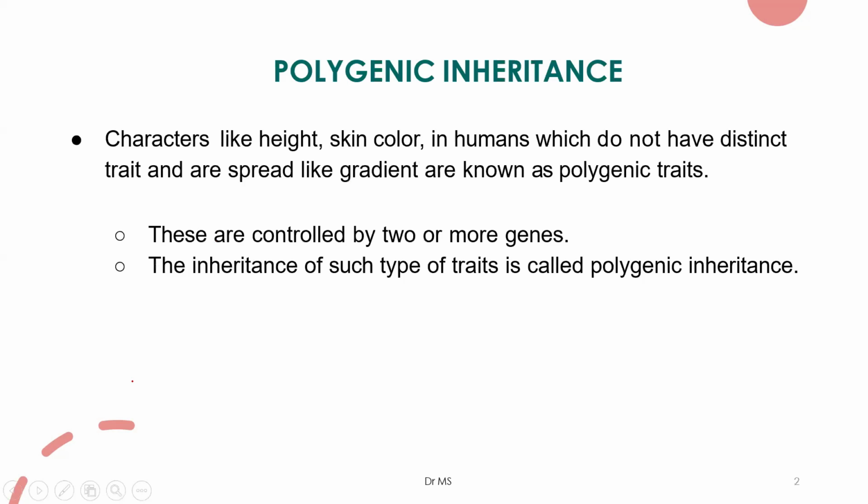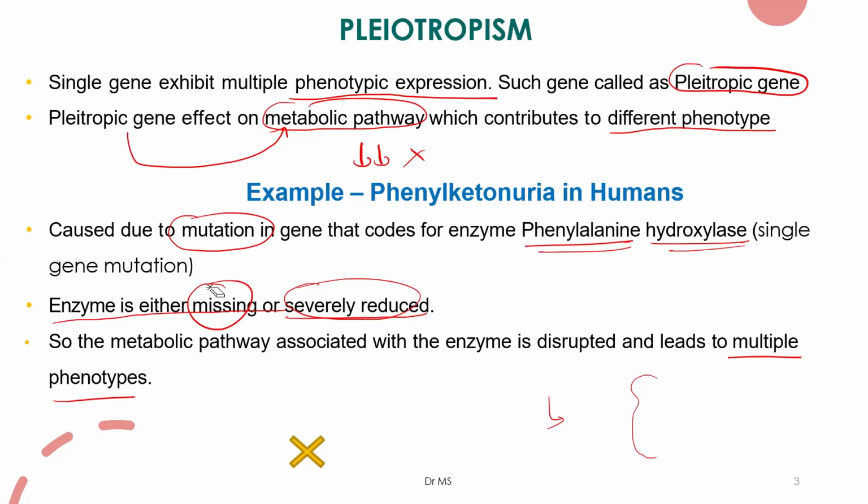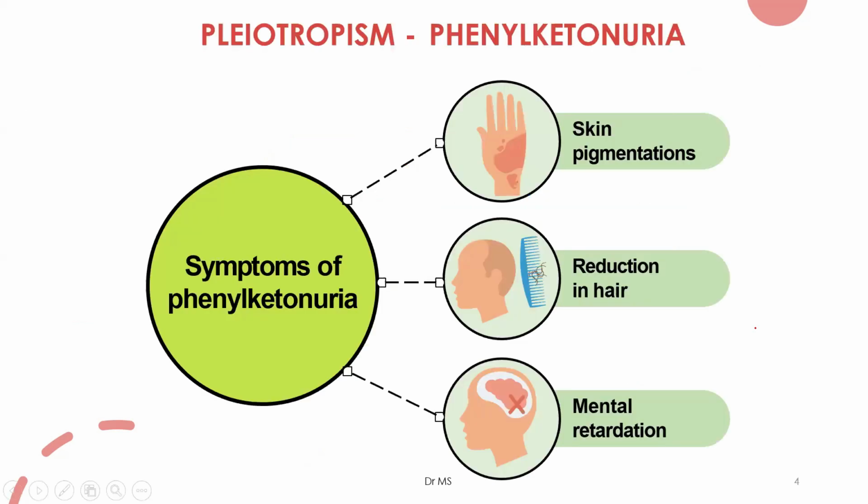The metabolic pathway associated with the enzyme is disrupted and leads to multiple phenotypes. So you can see here, that's phenylketonuria: skin pigmentation, reduction in hair, mental retardation. These are the symptoms that you will see when the person is suffering from phenylketonuria.